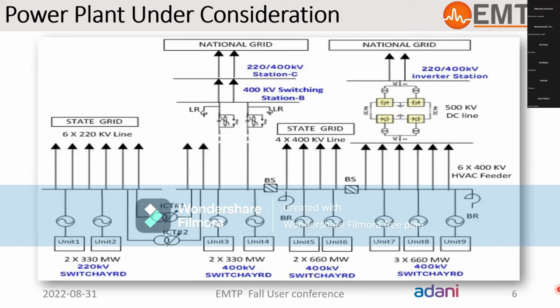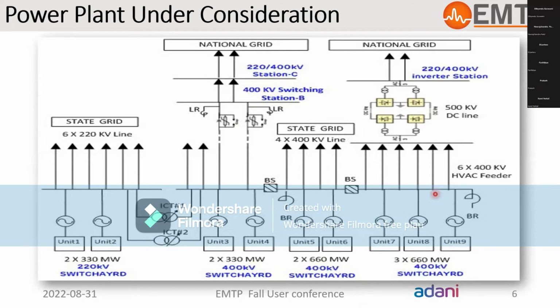Now, this is the overview and SLD of the thermal power plant considered here, where the EMVT failures have been observed. We can see a total of 9 units and 2 typical configurations, 330 megawatt and 660 megawatt. This particular power plant has a state grid connection, a national grid connection, along with the FSC, and another grid also with the HVDC, 500 kV HVDC.